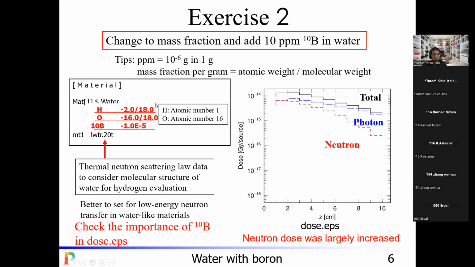Of course, in a precise sense, hydrogen includes not only hydrogen 1 but also hydrogen 2, deuterium. So it's not as simple as this equation, but you can roughly approximate the mass fraction using this equation.